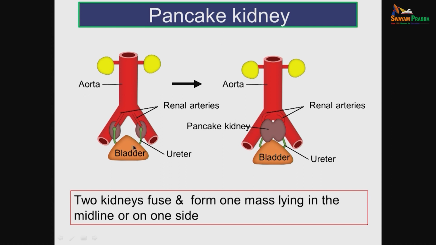If you look at this picture, the two kidneys are fused, not just the inferior poles, but the whole kidney is fused to form one huge mass. It can lie either in the midline or to one side, right side or left side. It is an entire kidney which is fused. This is called pancake kidney.